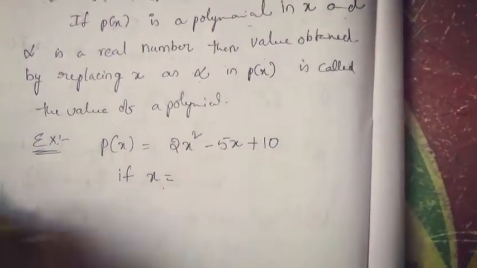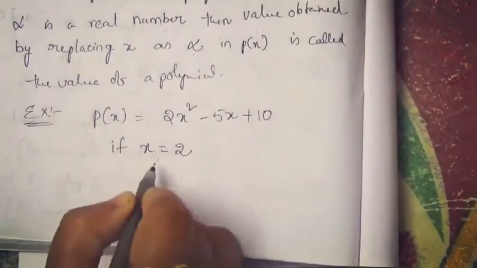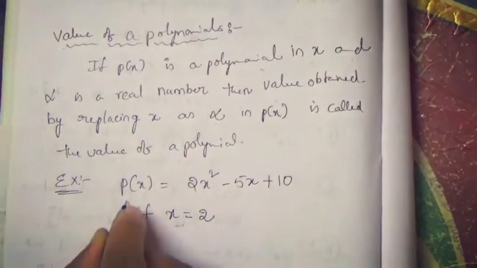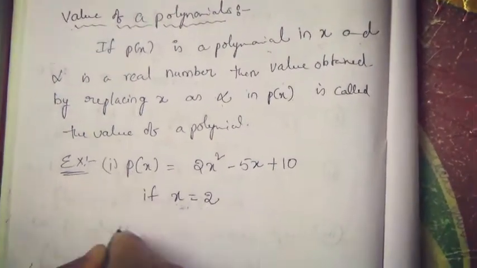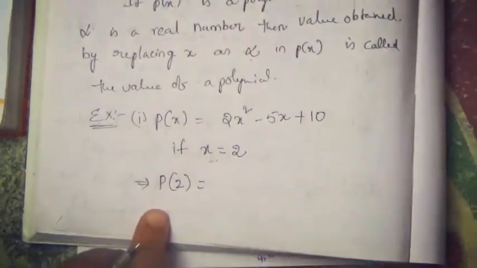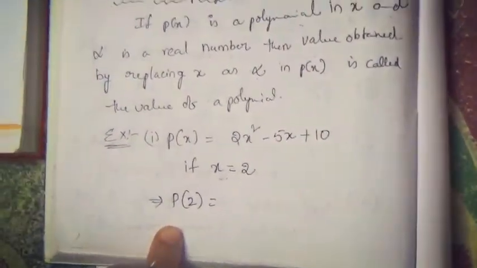If I want x is equal to 2, you just substitute x is equal to 2 in the given polynomial. That implies p of 2 is equal to, you understand this?